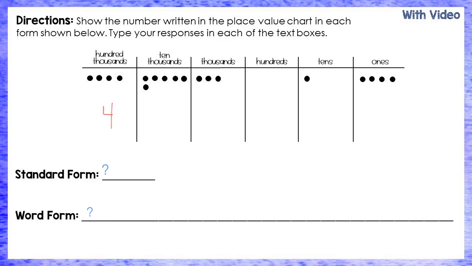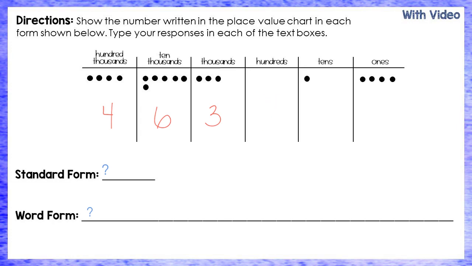Then I'll go to the next place. How many 10,000s are there? There are 6 10,000s. How many thousands are there? There are 3 thousands. How many hundreds are there? There's no hundreds.